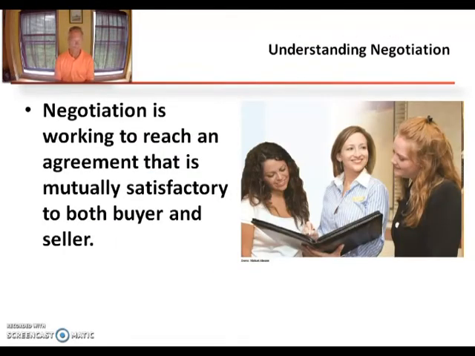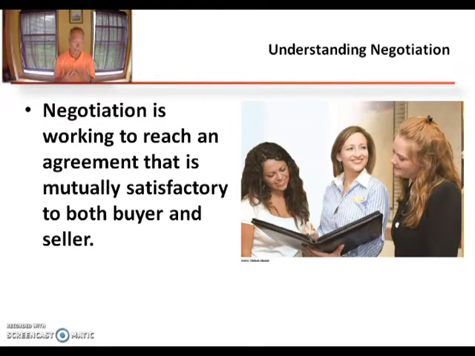You can see that negotiation is working to reach an agreement that is both satisfactory to you and also to the buyer. Remember what we talked about in chapter 4. We talked about win-win strategies or consultative selling. The only way you're going to have repeat business, the only way you're going to establish a relationship with your prospect or with your customer is through a win-win.